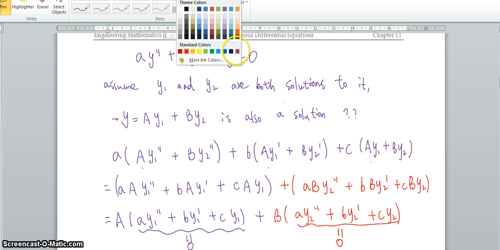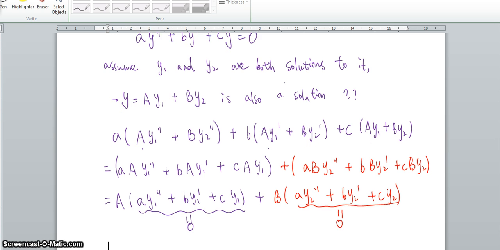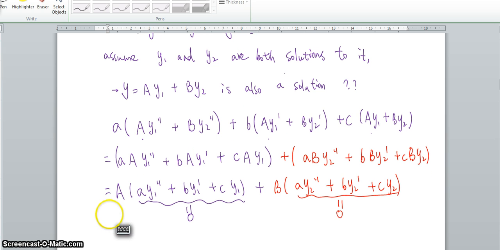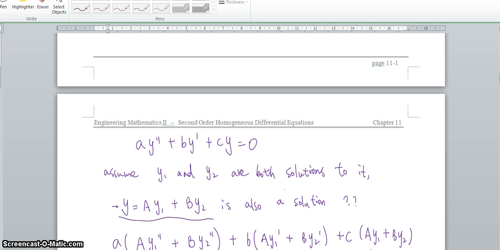And we have actually proved that this whole expression is equal to 0. This shows that this y is really a general solution to this differential equation that we're dealing with. And this is in fact the general way for us to find the solution for a second-order homogeneous equation.